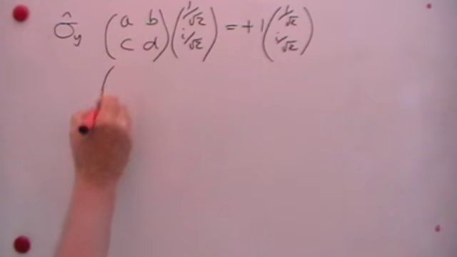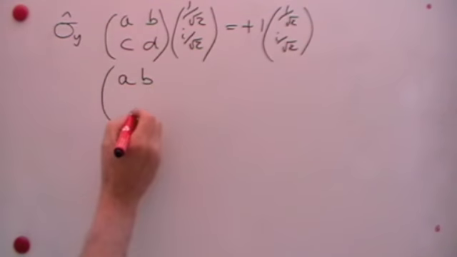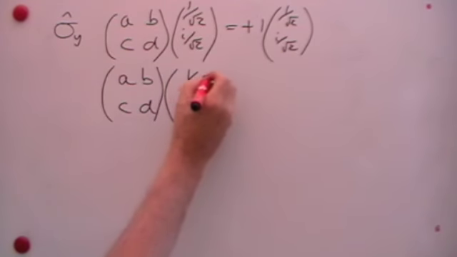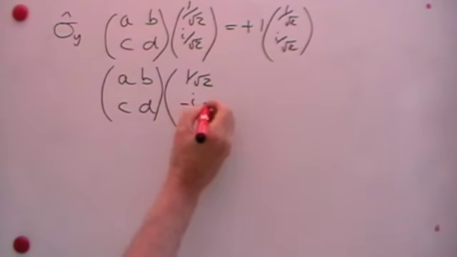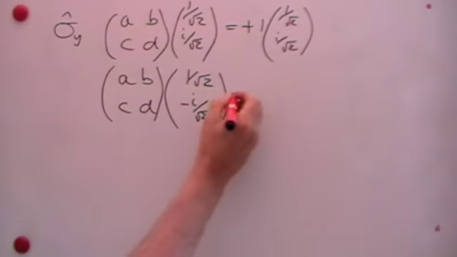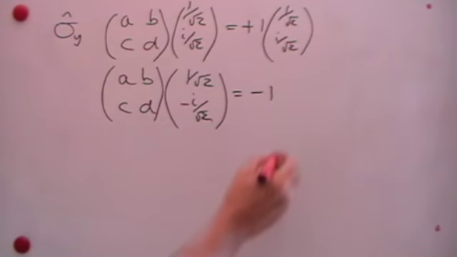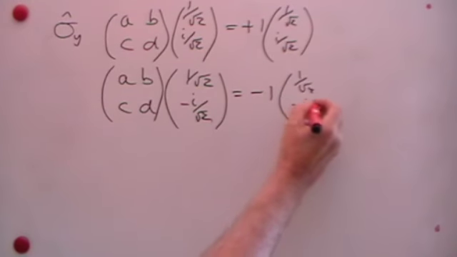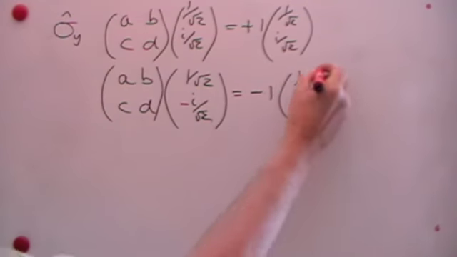Or we can do it the other way using the sigma y matrix A, B, C, D times the other eigenvector, which is 1 over root 2 minus i over root 2, and that's going to become minus 1, the eigenvalue, times 1 over root 2 minus i over root 2.